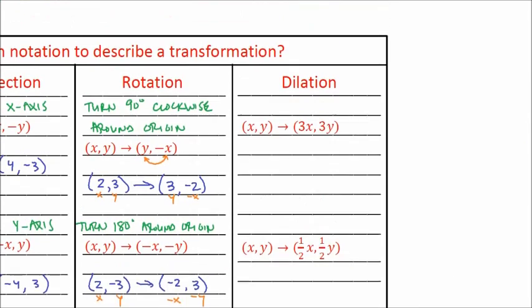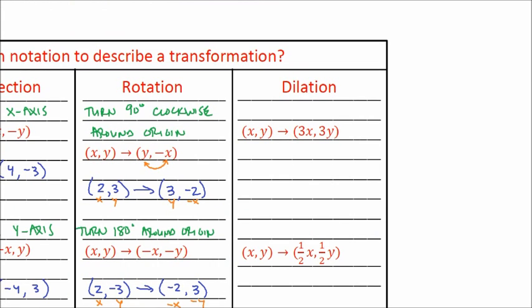And then the last one is transformation notation for dilations. Here's the transformation notation for a dilation that's an enlargement. Remember, when we enlarge an image, we're taking the pre-image and making it bigger. We're going to enlarge by a scale factor of 3 to 1. 3 to 1 is an enlargement because the first number is bigger than the second.